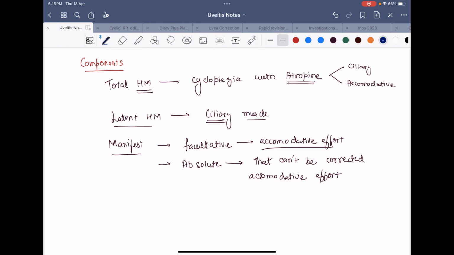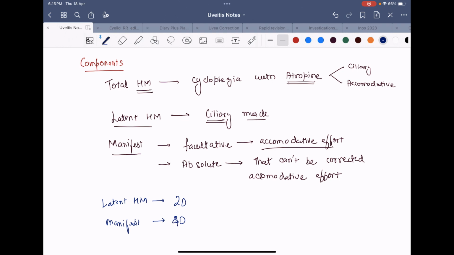In this question they are asking about a patient having latent hypermetropia of 2 diopter, and they have mentioned that the patient has a manifest hypermetropia of 4 diopter.